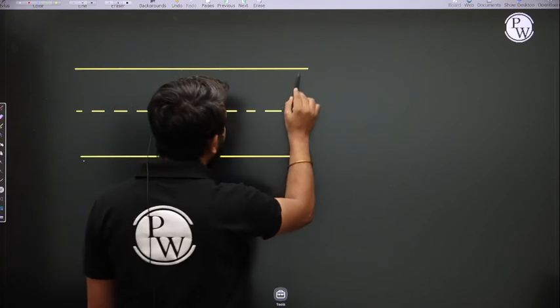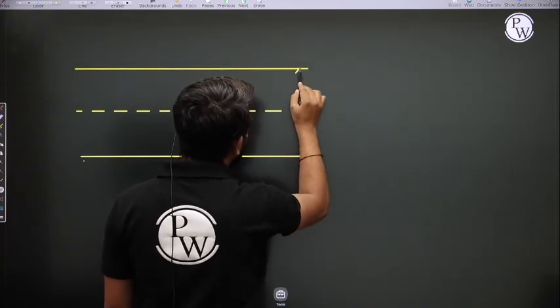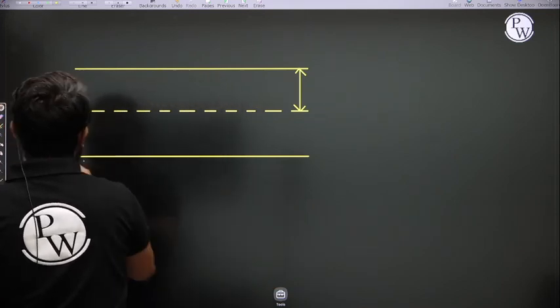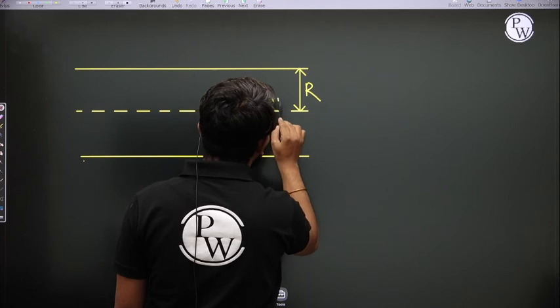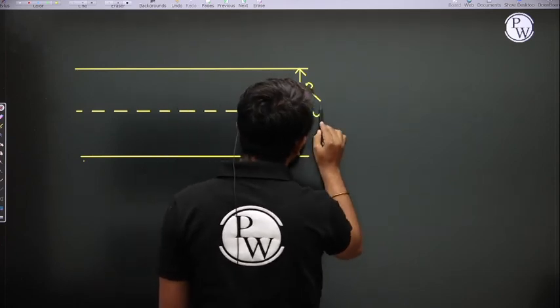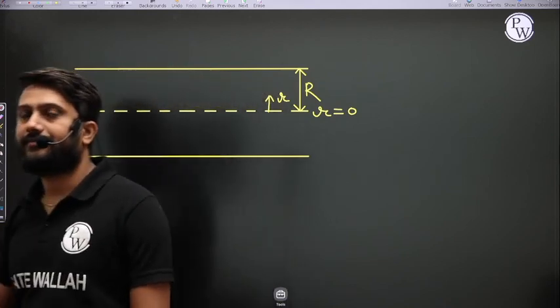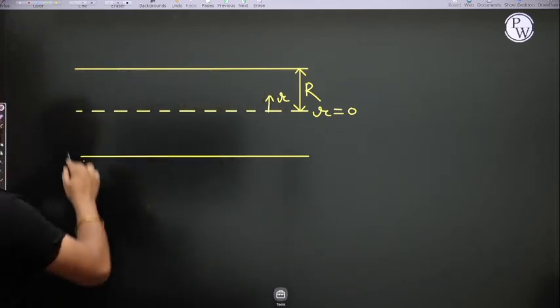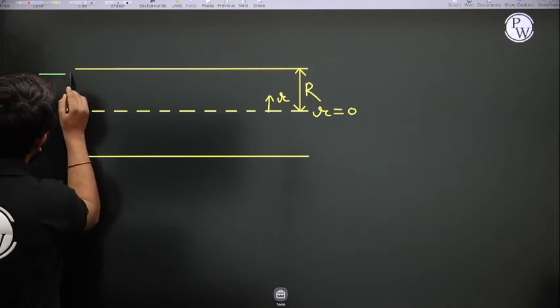And this radius is capital R. The radius of the pipe is capital R. This is the radial direction. r is equal to 0 at the center line. Okay. And flow occurs inside this pipe.